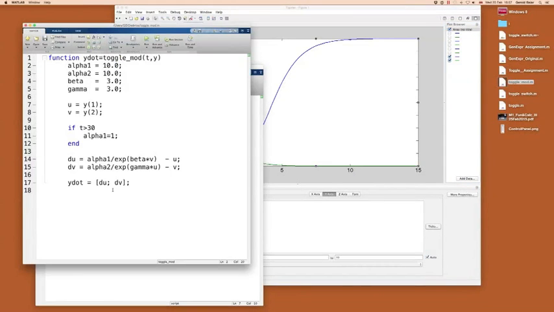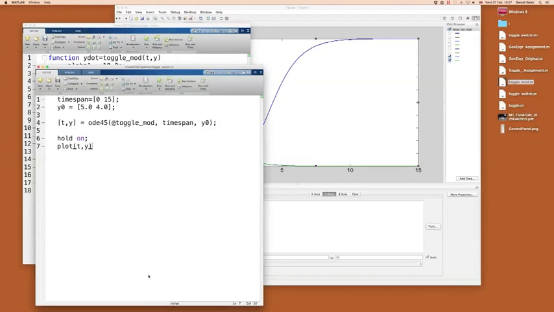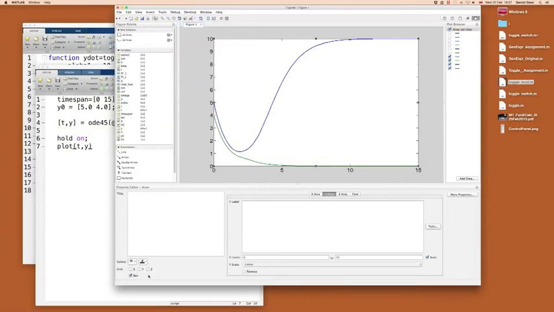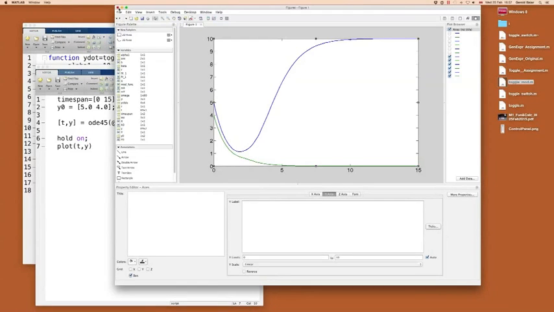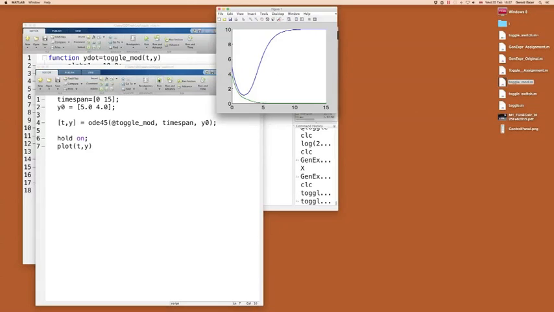So are we actually running this thing here? Alpha 1 equal to 1. So make alpha 1 equal to 0. Have it changed, saved, and then run our plot again. I don't see that actually. Let's just try refreshing everything.